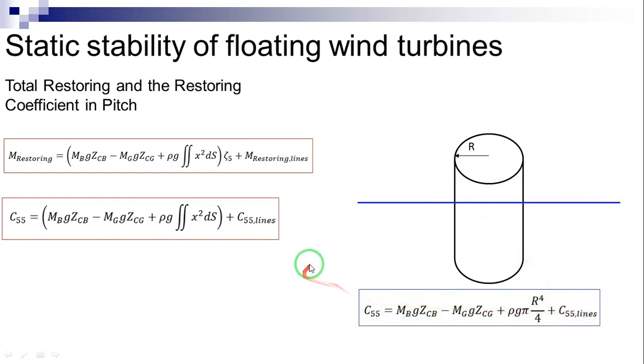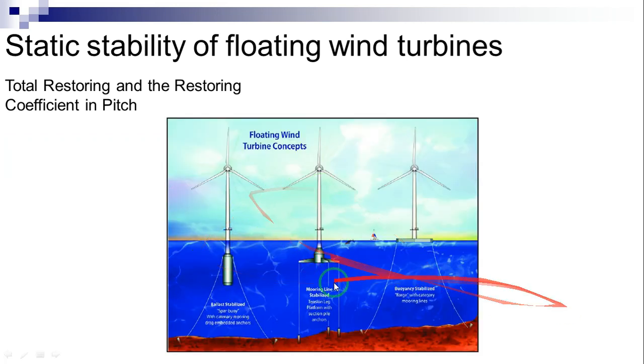Conceptually, these three restoring mechanisms can be summarized by three extreme structures: a semi-submersible platform or a barge representing restoring by waterplane area moment, a ballasted deep drafted spar representing restoring by ballasting, and a tension leg platform, TLP, that represents restoring by the mooring system as shown here.